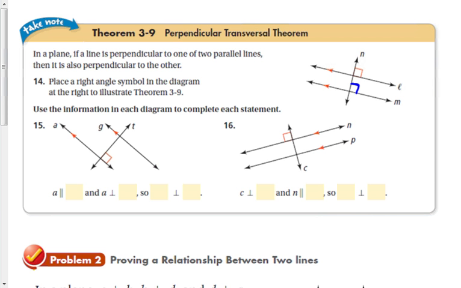So if A is parallel to G and A is perpendicular to T, then G is perpendicular to T. I said that wrong. There you go. So if C is perpendicular to N and N is parallel to P, C is perpendicular to P. That's the idea there.